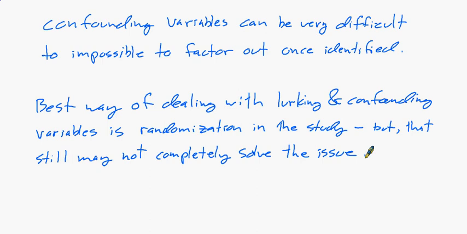So what we're left with is the best way of dealing with confounding variables is randomization within the study. This is an attempt to try and, if we can't eliminate them, at least spread them out so that it's not systematically introducing bias to the study. But that still may not completely solve the issue.